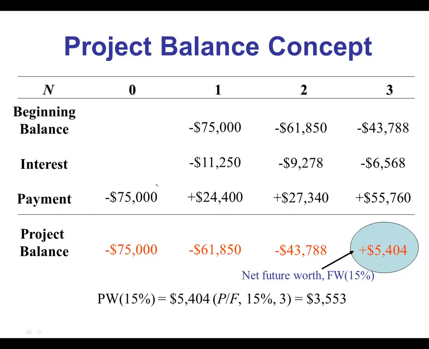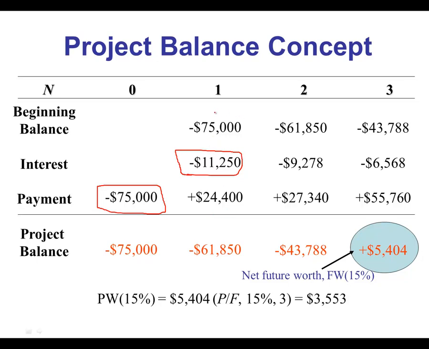So the initial invested amount was 75,000, and that's at point zero. We bought the machine. Now, since I bought the machine, I have interest of 15% on the 75,000, so I have an additional 11,250 that I need to add. I gained 24,400.